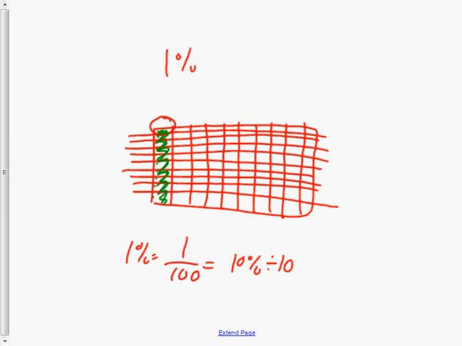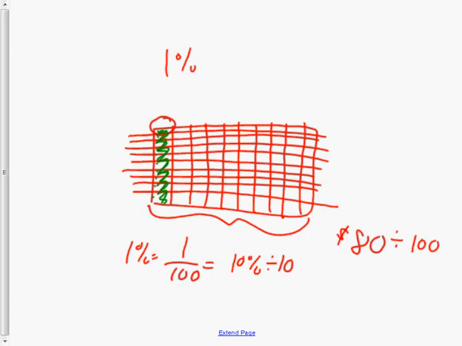Our rule for this is very simple. If we pretend that whole thing was $80, not 80%, $80, then if I want to find out 1% of it, I want to divide it by 10 and then divide it by 10 again. But really, I want to divide it by 100 to get 1%.